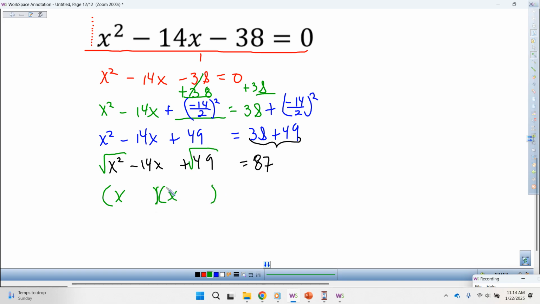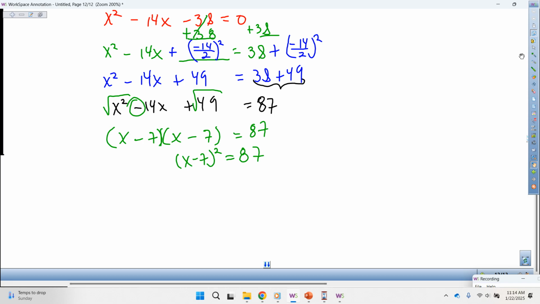Square root of 49 is 7 and 7. But what sign goes in between those two? The sign of the middle term. What is that sign? Negative and negative. And all that equal to 87. What's another way of writing x minus 7 times x minus 7? That's x minus 7 squared equals 87.